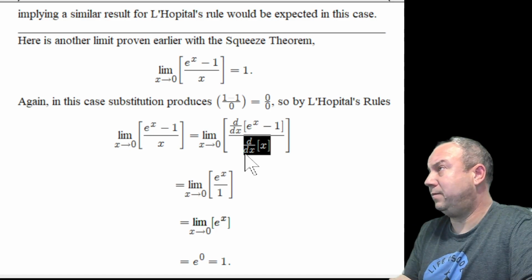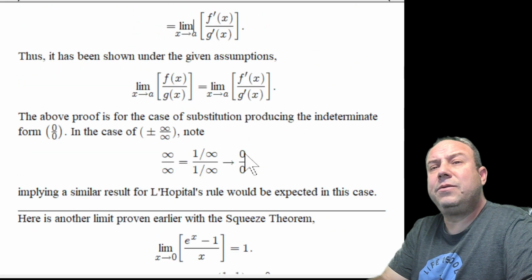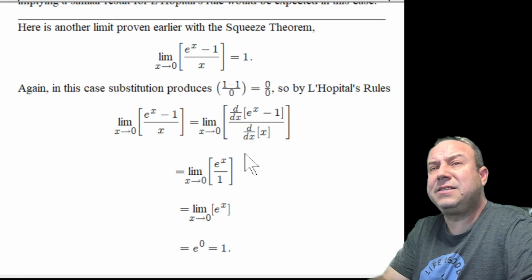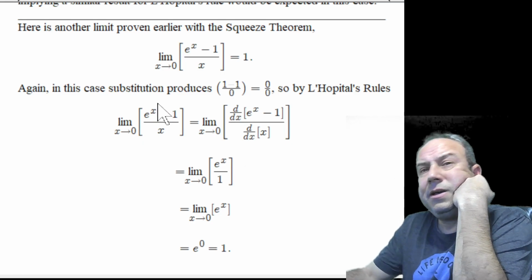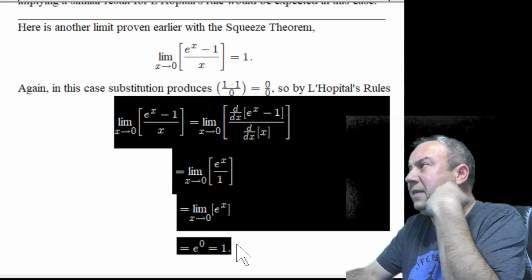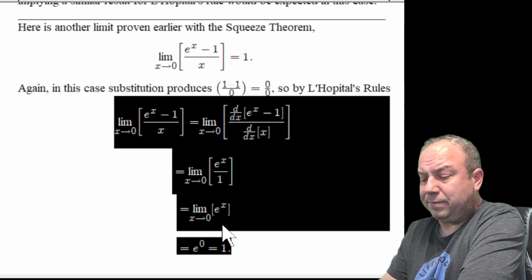That's L'Hopital's rule. Here's the rule applied in this example that we showed earlier in the notes using a little bit of squeeze theorem, and the rule is a lot easier to apply than setting up the squeeze theorem.